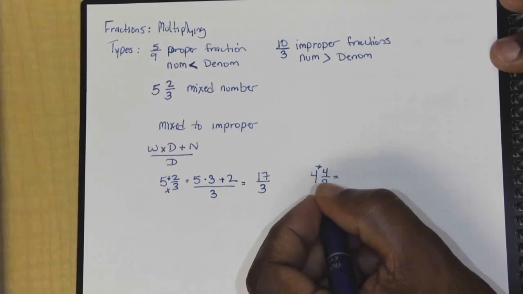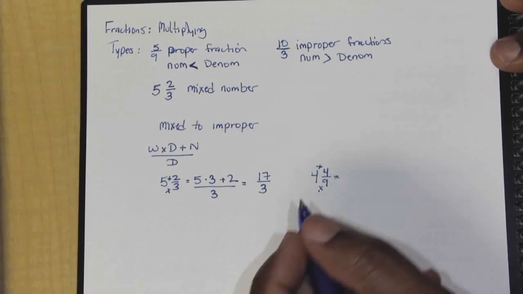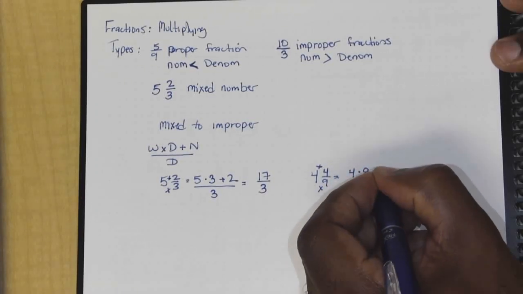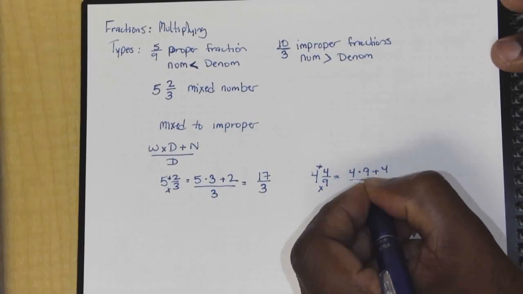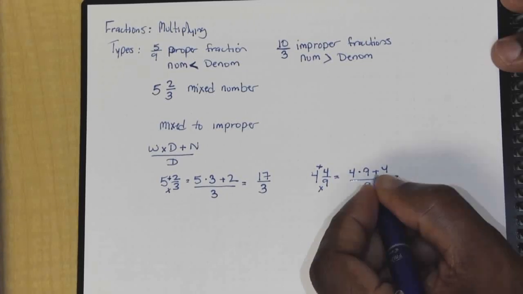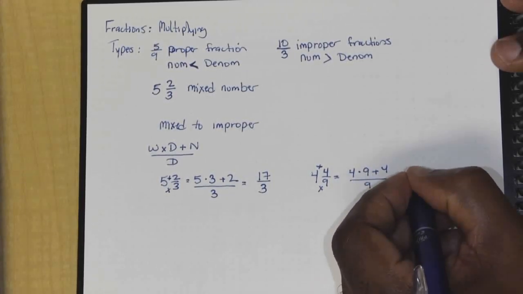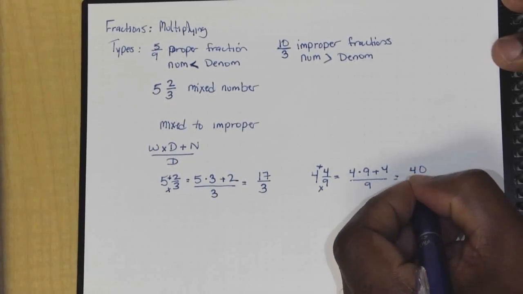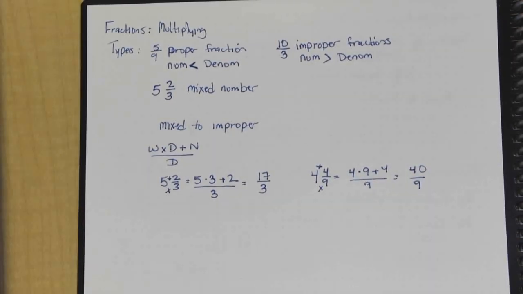Therefore, 9 times 4 is 36 plus 4, right? So we'll put it up here. We'll say 4 times 9 plus 4 and keep the denominator. Somebody told me they know it's 36 plus 4, which is 40. Yeah, 40. And then keep the denominator. And you stop. Okay? That's changing a mixed number to an improper fraction.